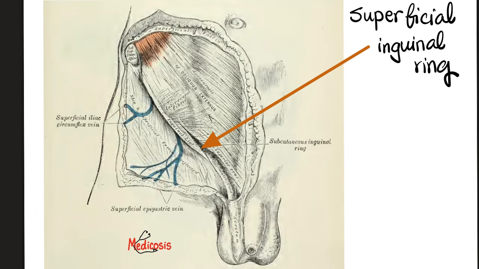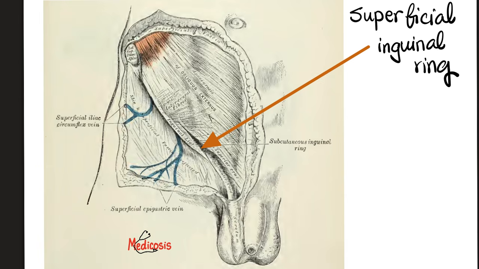What are the layers of the scrotum? The outside layer is the skin, followed by dartos muscle. It's the dartos muscle that's going to send an inward septum to divide the scrotum into two different compartments, one for the right testicle, one for the left testicle.